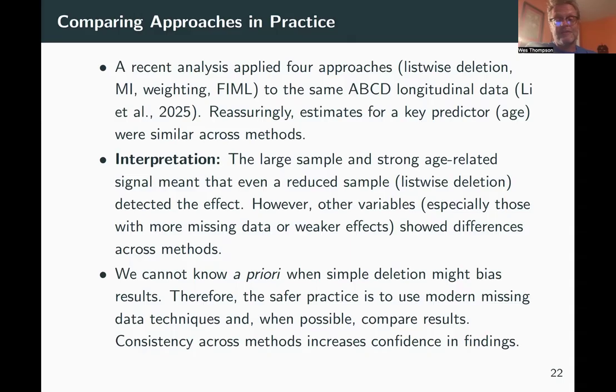That's not to say that it will always be the case, or that as the study goes along and we have more and more missingness and more dropout, that it will always be the case. But at the current time, it doesn't seem like these different methods actually result in demonstrably different outcomes. And even though listwise deletion is demonstrably the worst, it actually is not too terrible in a lot of cases with the ABCD data.